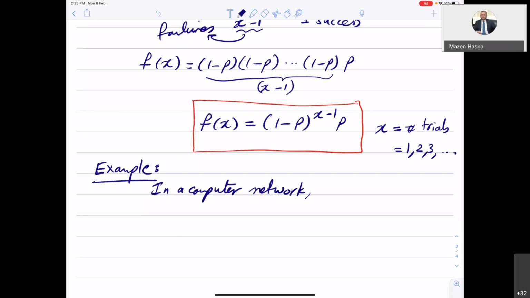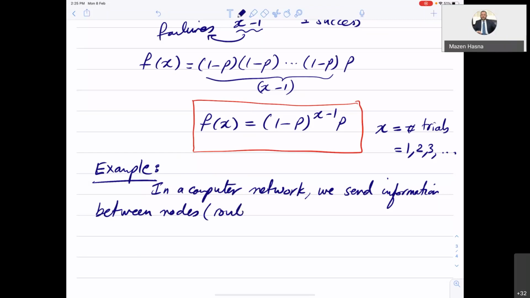Through routers. So in a computer network, we send information between nodes or routers in packets.